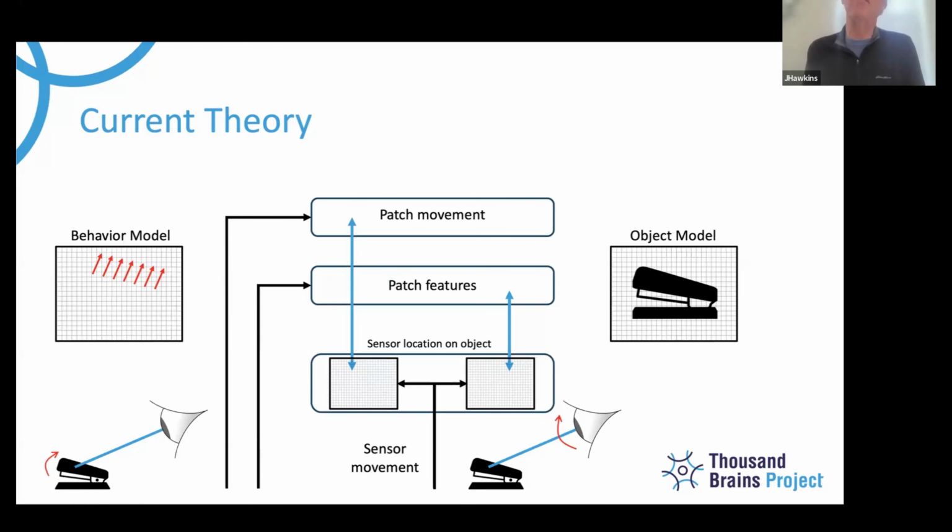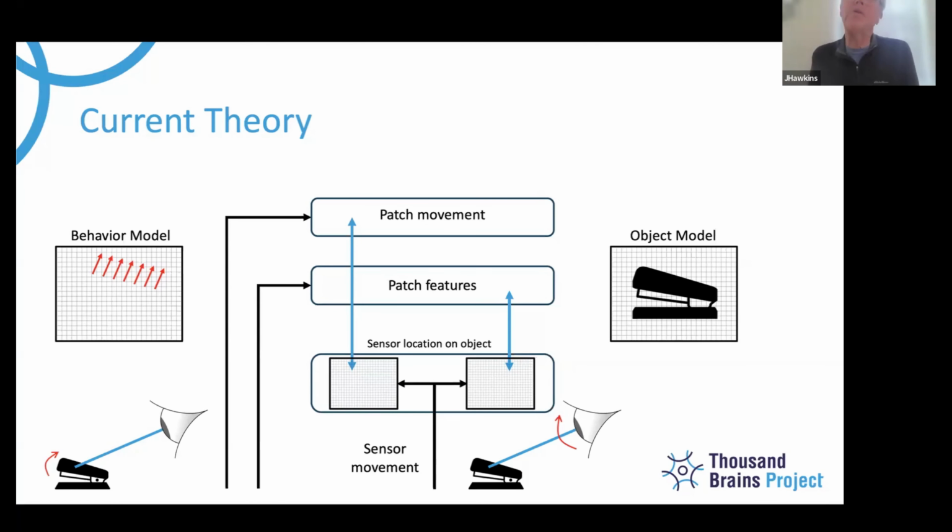But wait, let's just go back to what Ramy just said. Ramy said that even though the behavioral model does not represent static features, it still defines the shape of the stapler. I think that's what you said. Yes. Okay, I disagree with that. First of all, the behavioral model wouldn't represent anything that's not moving.